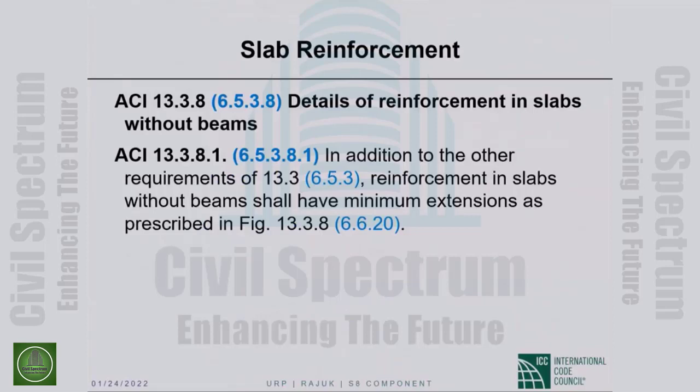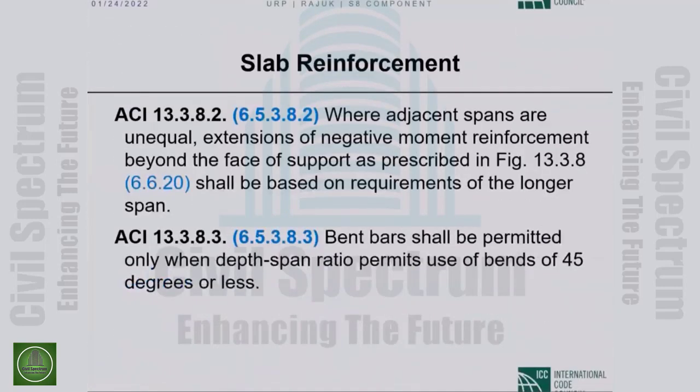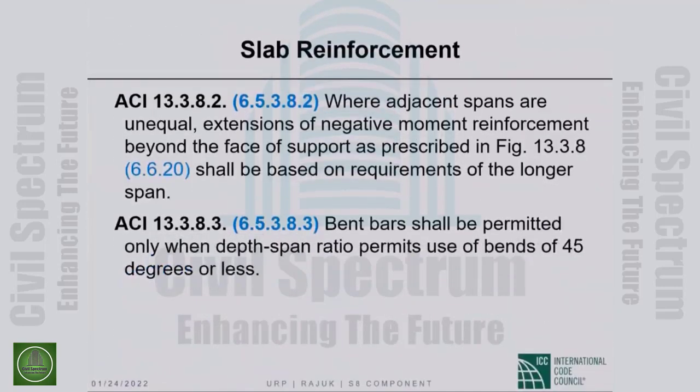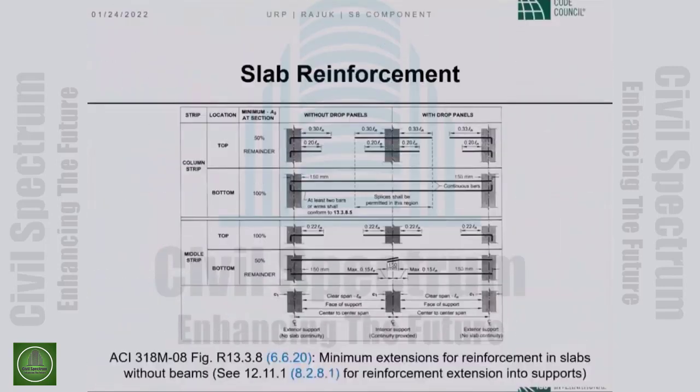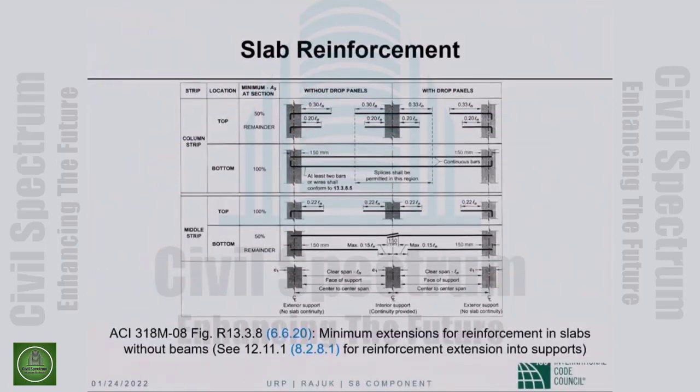Now the very next thing is very important. I'll come back. So this is the only, seriously, the only figure in all of ACI 318. There are many figures in the commentary, but not a second one in the code.